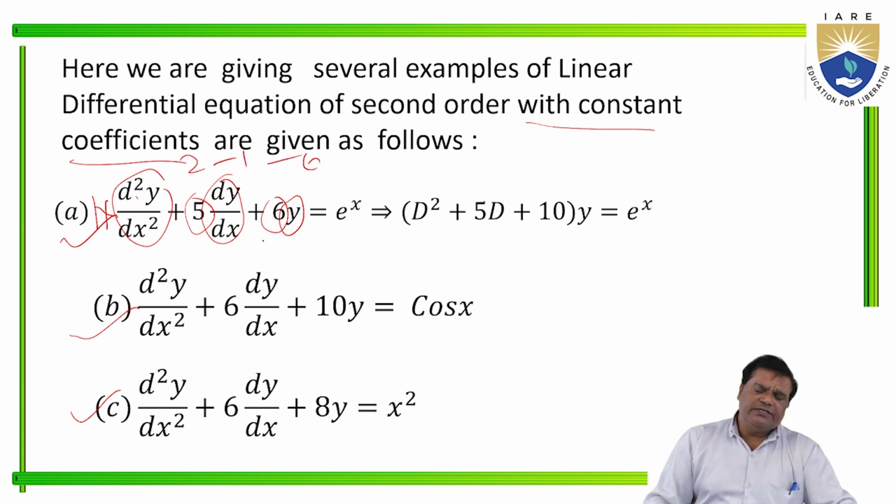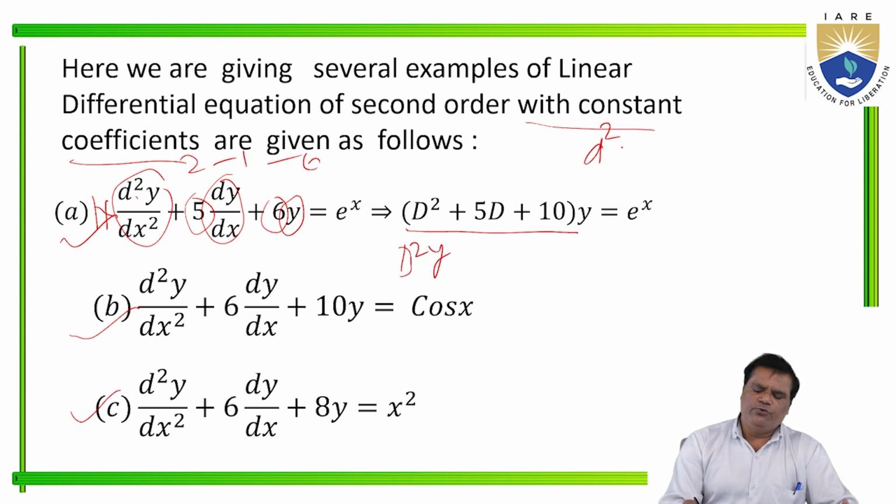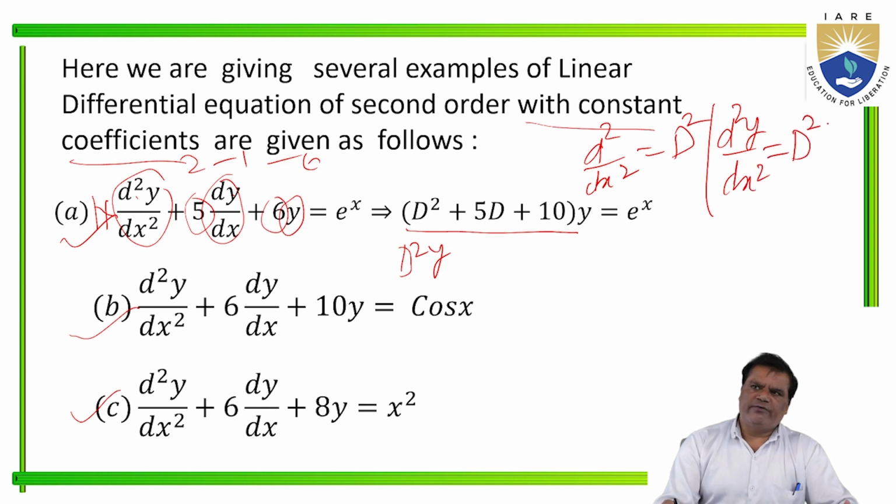This differential equation can also be written in this form. Here, d square y: second order, d2 over dx2. This is capital D, or d square, or d square y over dx2. This is d square y.